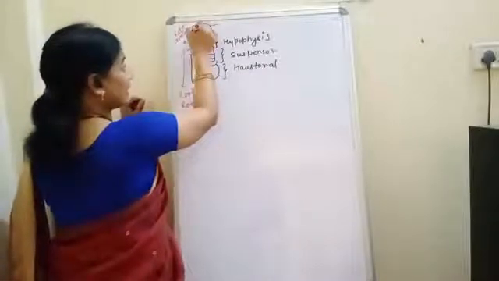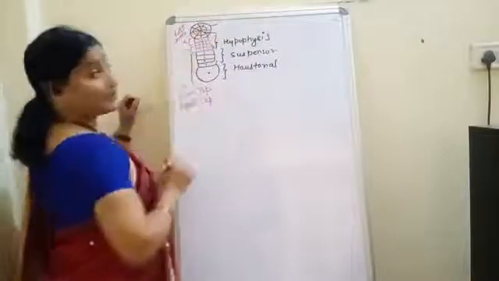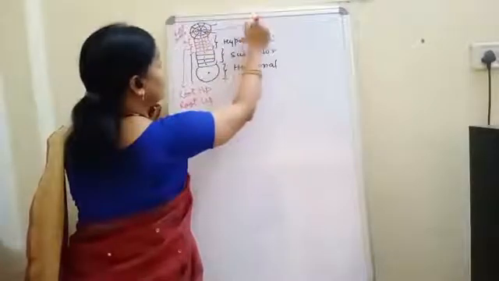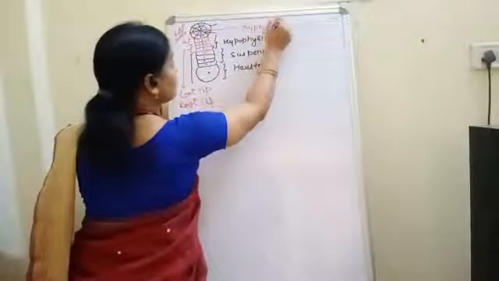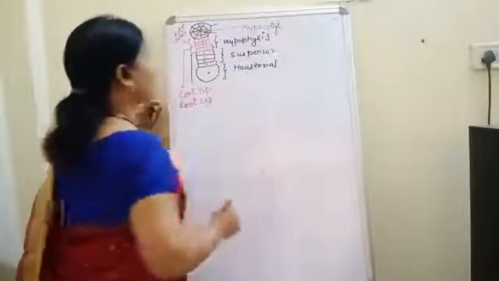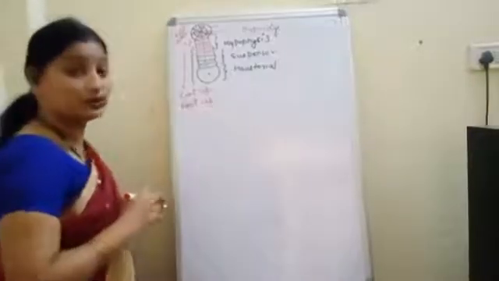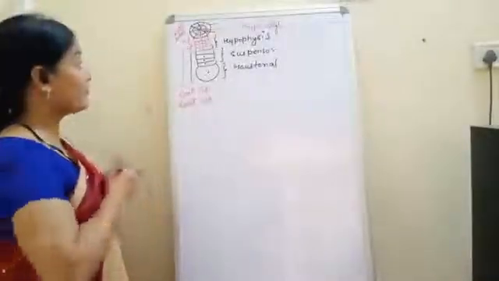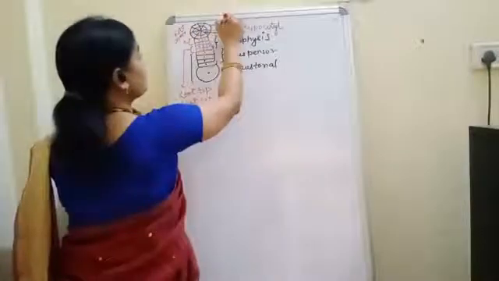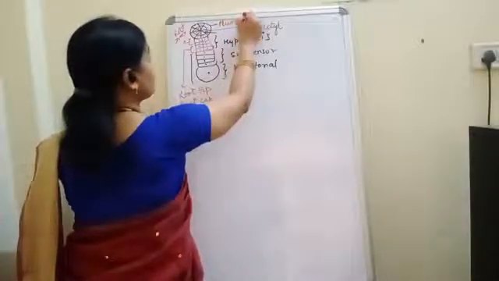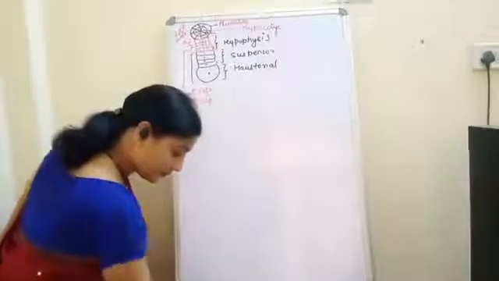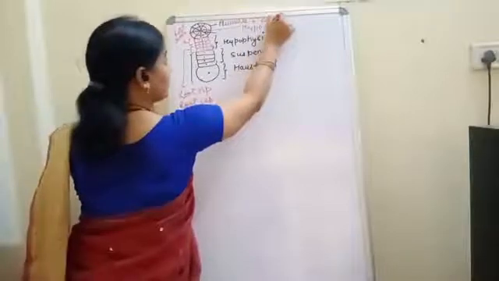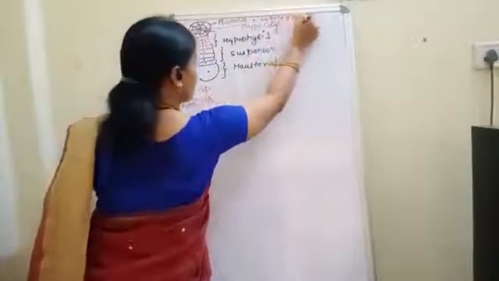The inner 4 cells will give rise to the hypocotyl. And the upper is going to give rise to the plumule plus cotyledon.